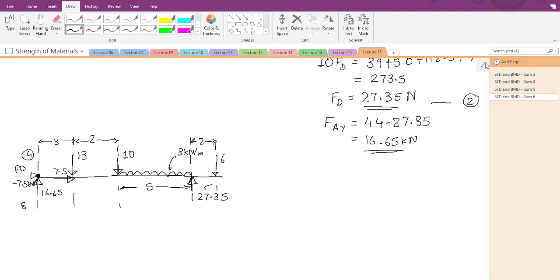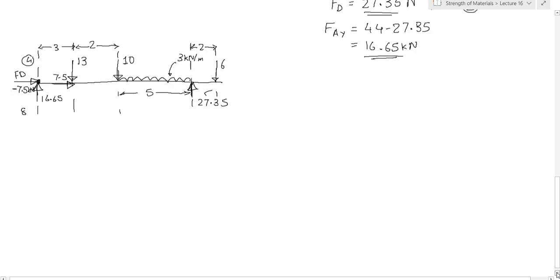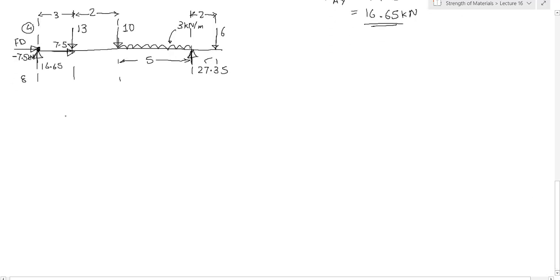So by now you should know how to do SFD BMD calculations. In SFD we only consider the vertical forces, no consideration of horizontal forces. So the shear force to the left of A is always 0. Shear force to the right of A will be what? Plus 16.65.